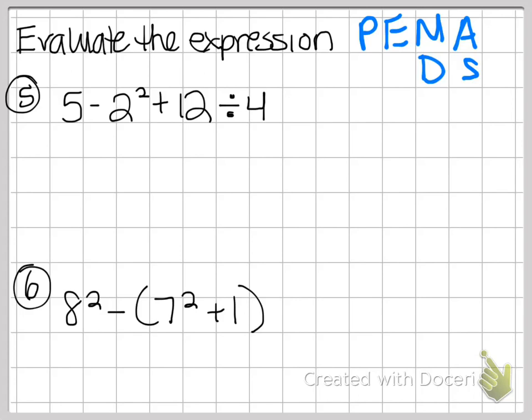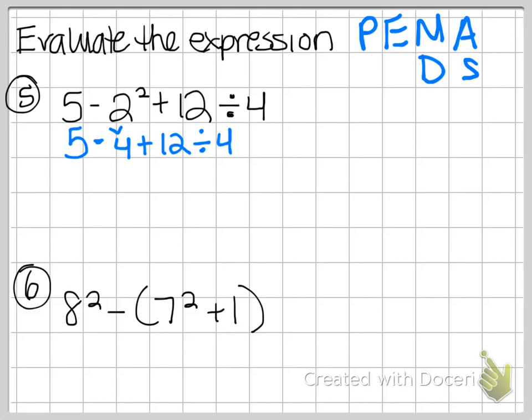So for number 5, I have the expression 5 minus 2 to the 2nd power plus 12 divided by 4. So now I'm working with exponents, and I know that I must solve for 2 to the 2nd power first before any other operation. So I'm going to copy down what I haven't used yet, which is the 5 minus, and 2 to the 2nd power would be 2 times 2, which is 4, plus 12 divided by 4.